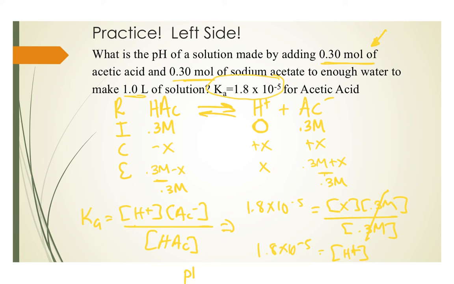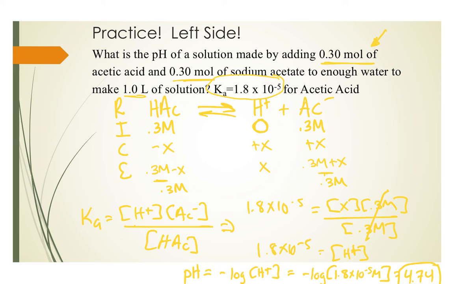So then finally, pH equals negative log concentration of H plus, which equals negative log 1.8 times 10 to the negative fifth molar, which equals 4.74.